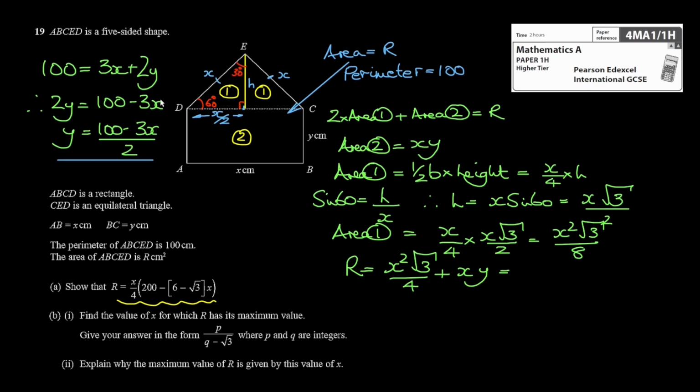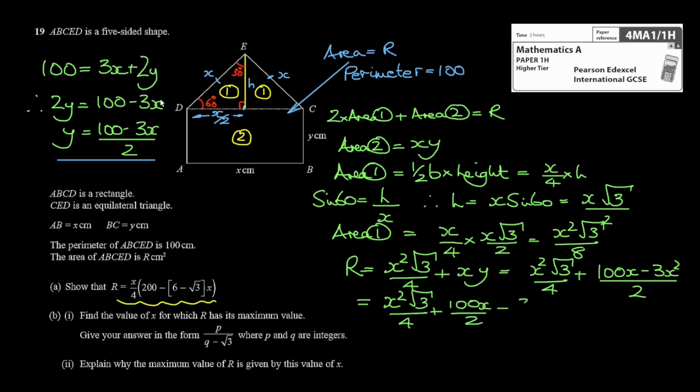So with that result, I can pop that into my expression for R and see how we go. So I get x squared root 3 over 4 plus x times this lot, which is 100x minus 3x squared, both divided by 2. So effectively, we've got 3 terms here. We've got x squared root 3 over 4 plus 100x over 2 minus 3x squared over 2.